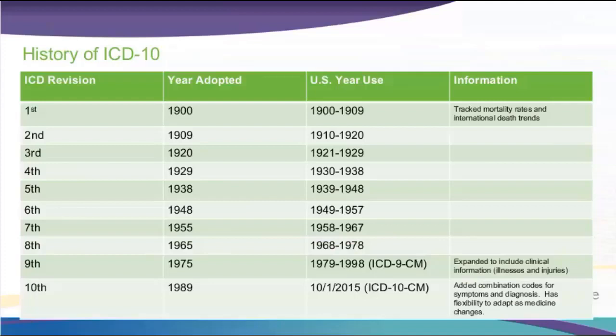And then it went through all these revisions, and in ICD-9, in 1979, revisions were made and expanded to include the clinical information on illness and injury. And then we implemented ICD-10 October the 1st of 2015. What they did was they added combination codes for symptoms and diagnoses, and it gave us the flexibility to adapt as medicine changes.